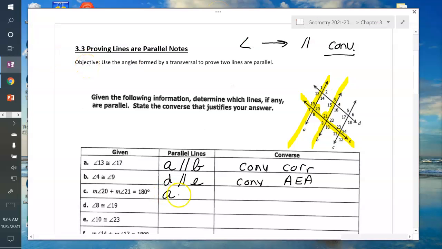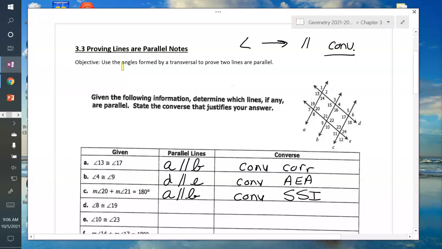They're inside lines A and B, so A is parallel to B. This is same side interiors. Remember converse, because what we're saying is those two being supplementary imply that the lines are parallel.